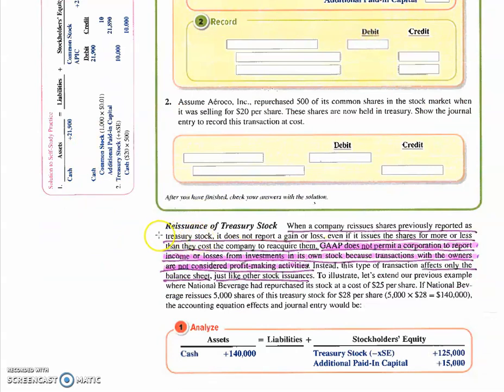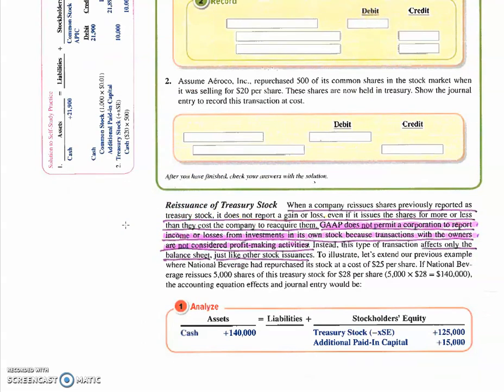Now, what happens when we sell treasury stock? That's called a reissuance of treasury stock. And so how do we handle that? Well, basically, we sell treasury stock. We're going to debit cash for the amount of cash received. We're going to credit treasury stock at cost.